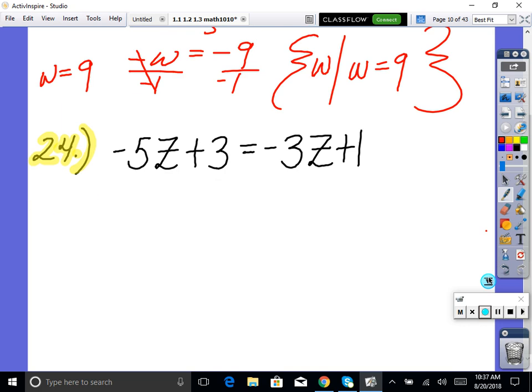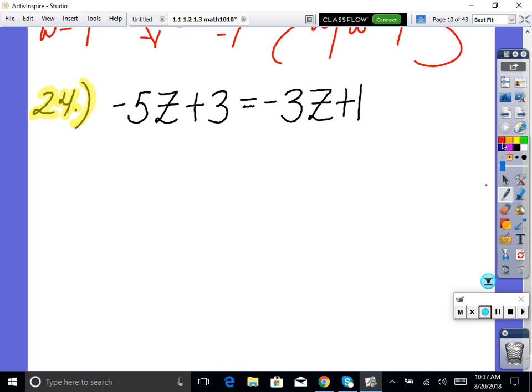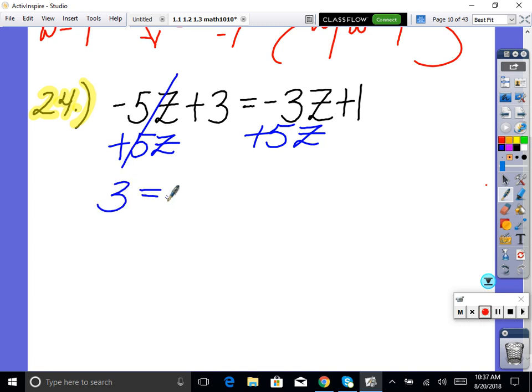Okay, next one. So look at this one. We have two z's, but they're on opposite sides of the equation. We need to use addition or subtraction. Don't just start floating things together. Do you want to bring this over or this over? It doesn't matter. Add 5z. So then that's gone. 3 equals, what's negative 3z plus 5z? 2z plus 2z is plus 1.